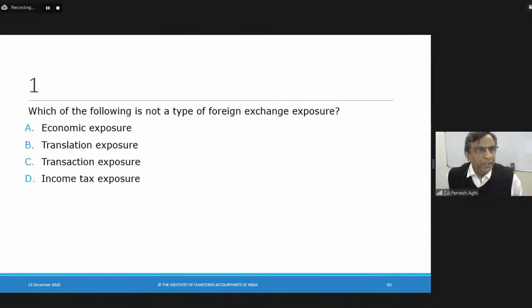Which of the following is not a type of foreign exchange exposure? Economic exposure, translation exposure, transaction exposure, income tax exposure.